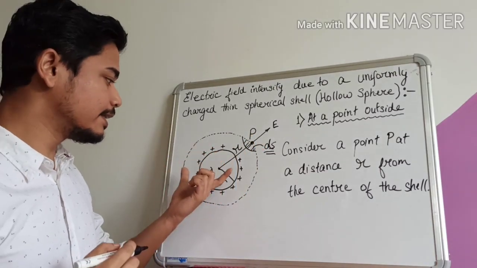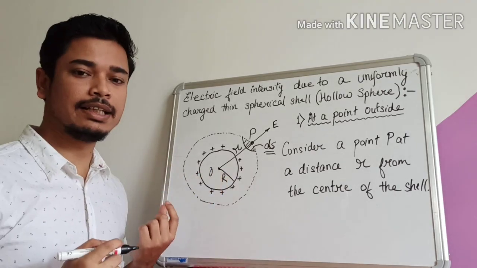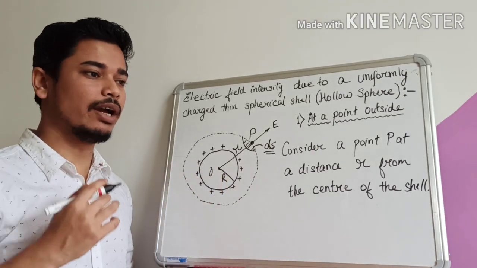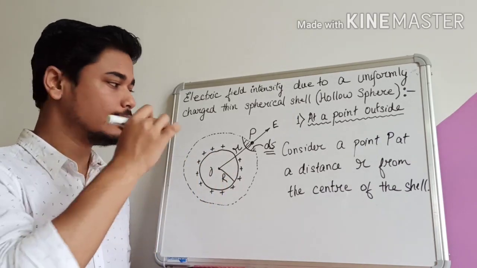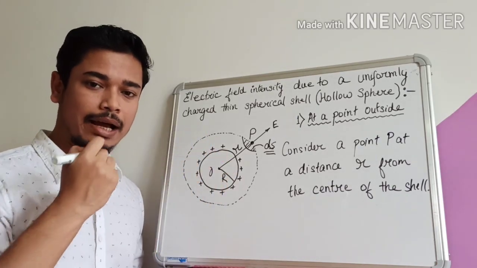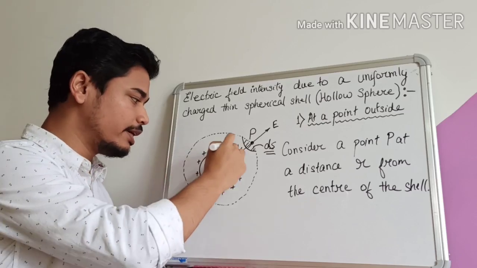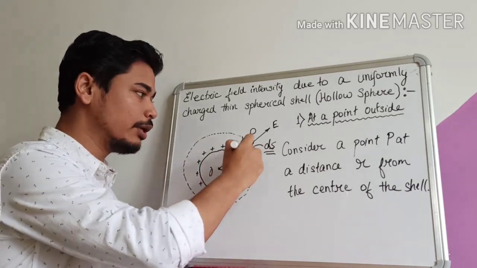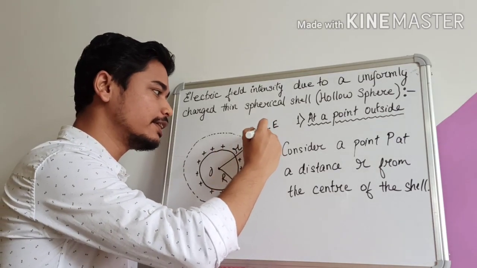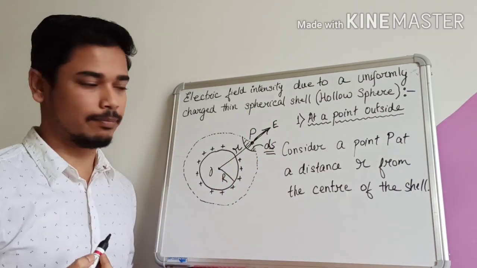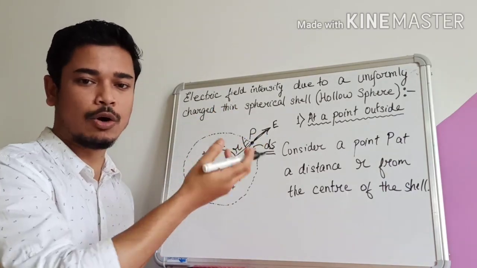So for this hollow sphere, which is the direction of the electric field? Now, as you know, for a spherical shell or for a sphere, the direction of the electric field is always radially outwards. This will be the direction of the electric field, perpendicularly outwards or radially outwards.